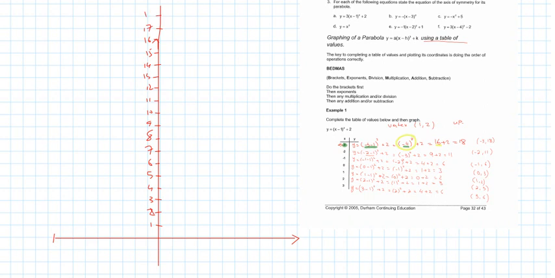And then my x values: -3, -2, -1, 1, 2, 3.